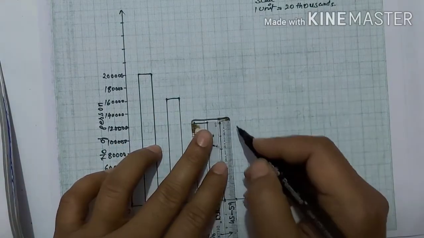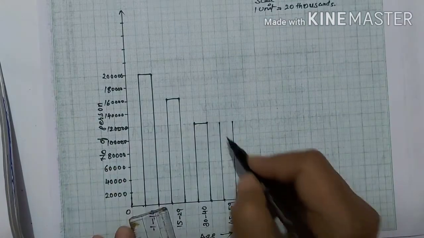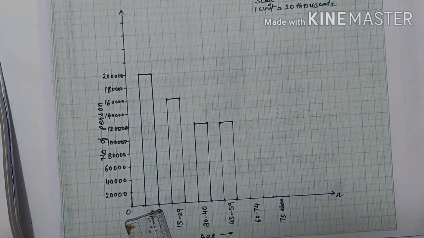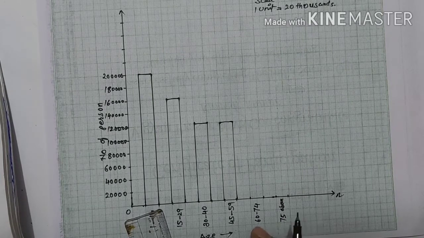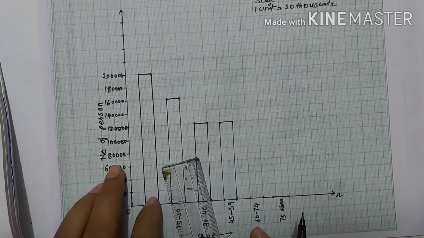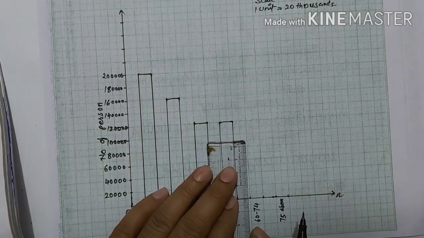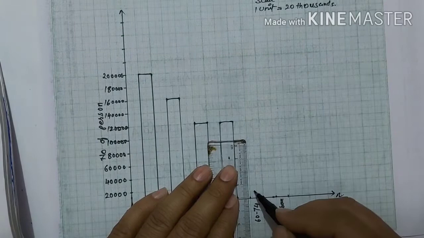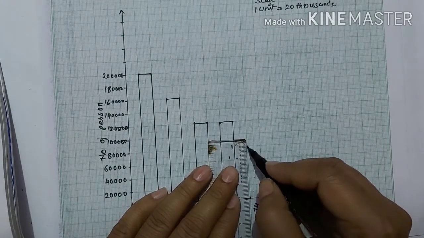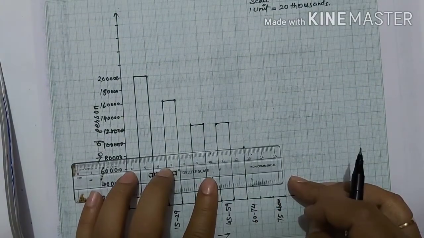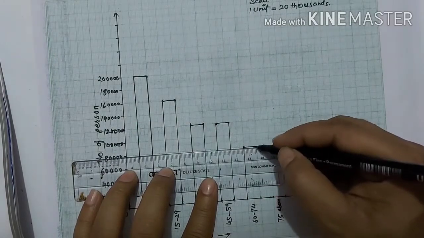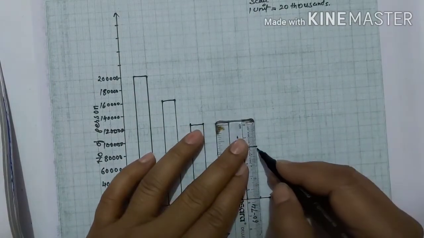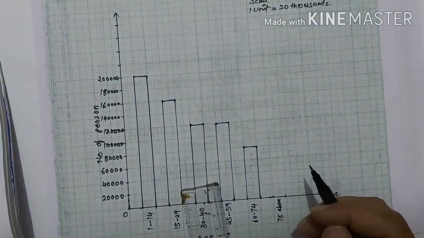It means the 2 groups have the same number of persons. Next is age group 60 to 74, with 80,000 persons. You draw 80,000, meaning 2, 4, and similar to here, and come back. Okay, and last, above 75, is only 40,000, meaning 2.